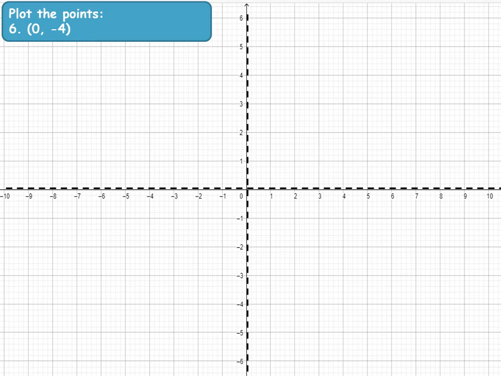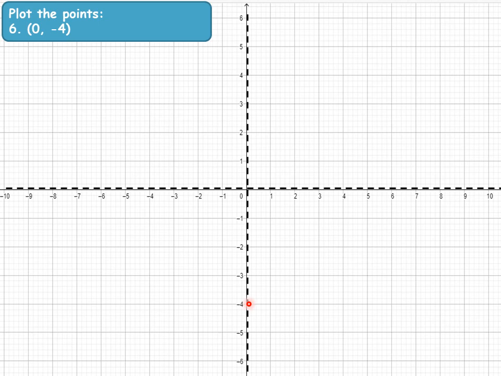Number 6, look on the problem. The x value is 0 and the y value is -4. So since the x value is 0, that means that we're going to have to keep our point at -4 on the y-axis because there's nothing on the x, but there's -4 on the y.